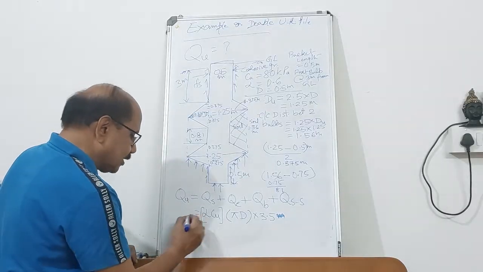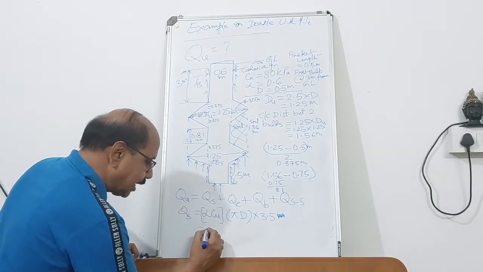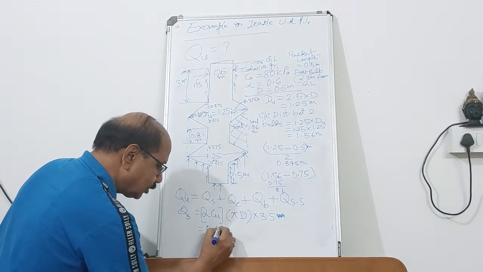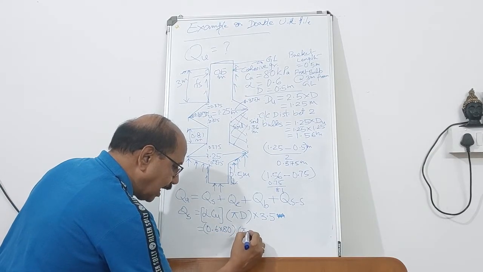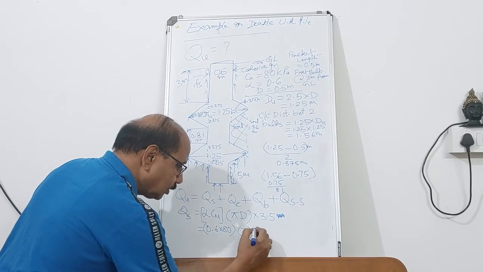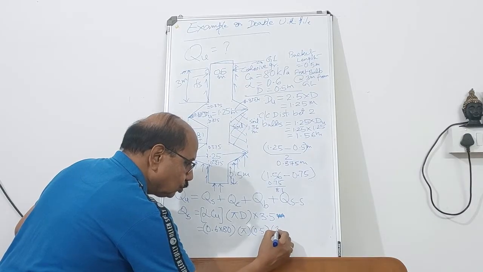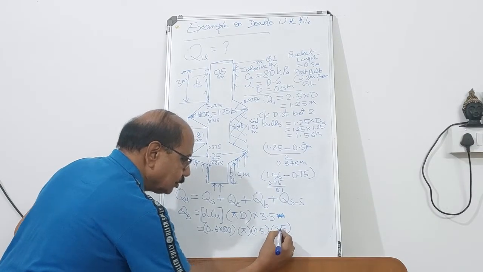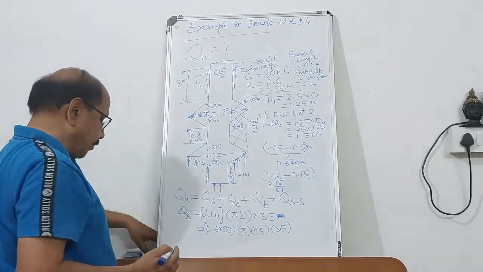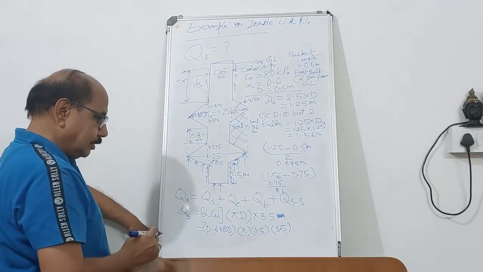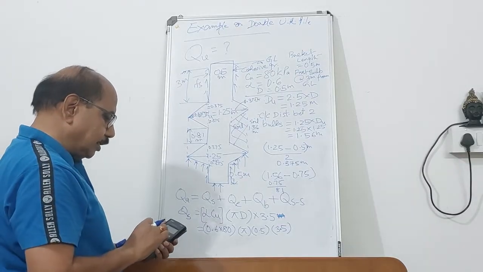So this is the value of QS, load transfer through skin friction. So this can be computed: 0.6 into Cu, undrained cohesion 80 kilopascal, pi, shaft dia 0.5, into 3.5. So this can be calculated and we can get the value of QS. So let me calculate now.